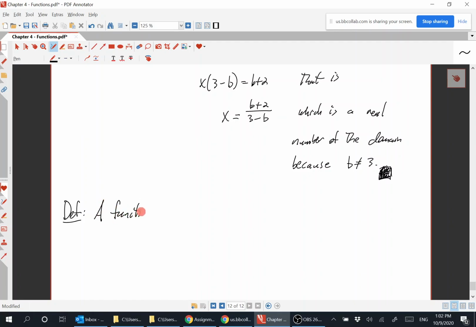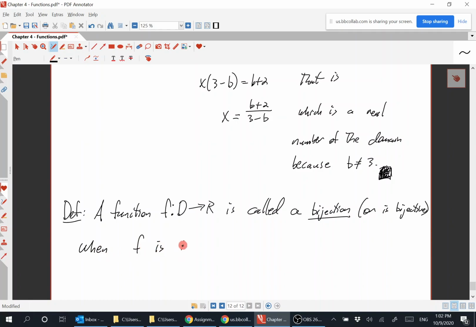A function f from domain to range is called a bijection, or is bijective, that's the adjective form, when f is injective, one-to-one, and, not or, surjective, onto.